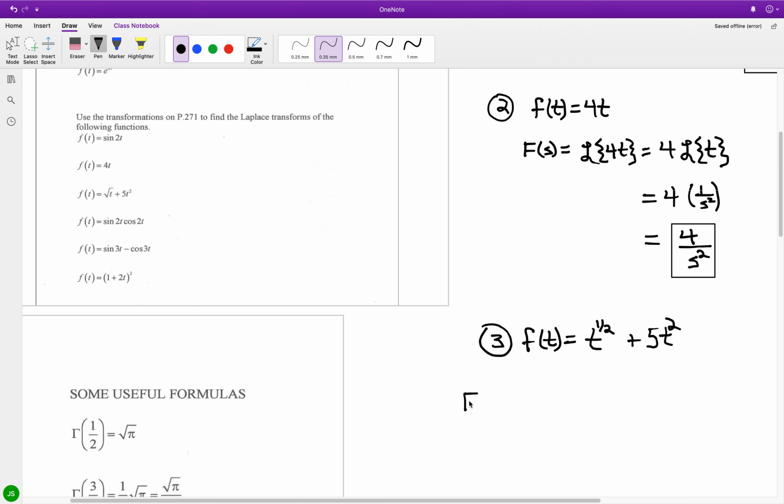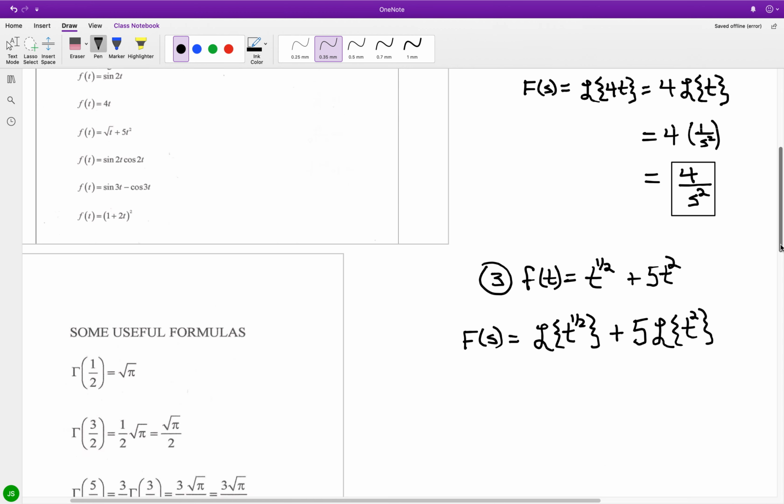Now for the Laplace transform, I'm looking at the Laplace transform of t to the 1/2. And since 5 is a multiple, I can say that I have 5 times the Laplace transform of t squared.